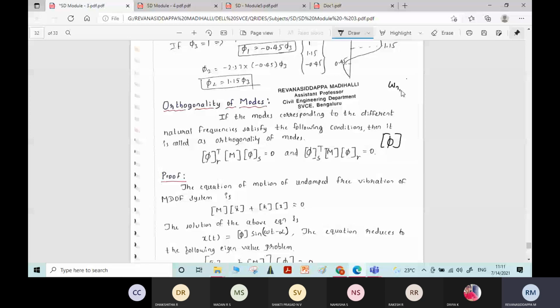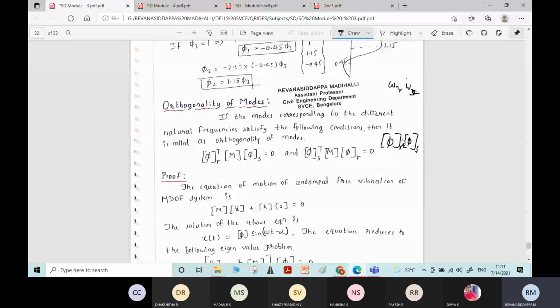Corresponding to these natural frequencies, I will call the mode shapes phi r and phi s.